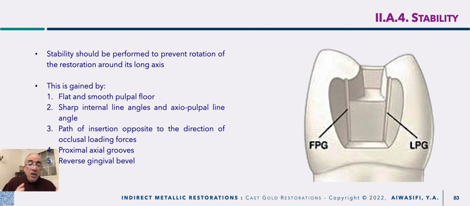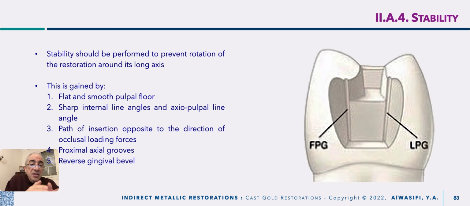That's why there is a great liability for the restoration to rock in place, to be unstable, especially when the walls diverge. No converging walls, in relation, will prevent this rocking and provide stability. That's why you need what is called stability.